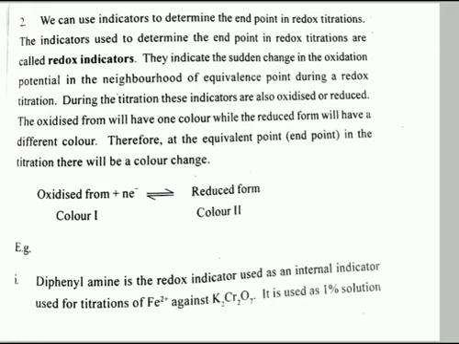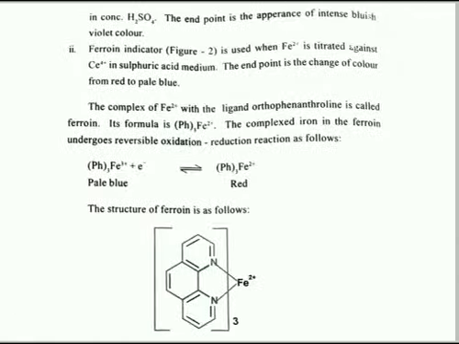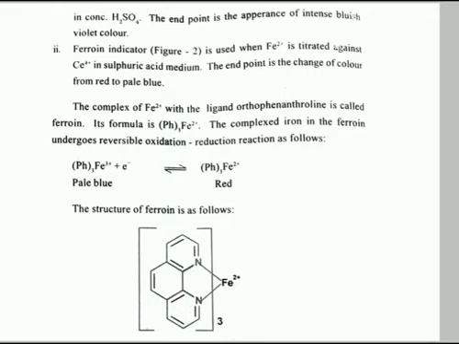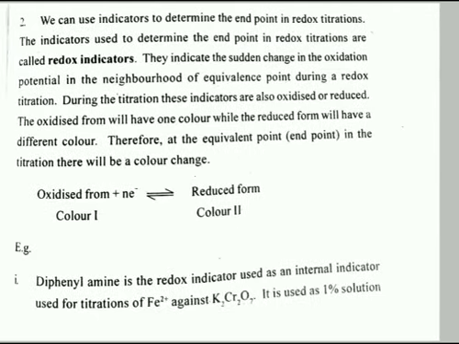For example, diphenylamine is a redox indicator used as an internal indicator for titration of Fe2+ against potassium dichromate. It is used as a 1% solution in concentrated sulfuric acid. The end point is the appearance of an intense bluish violet color. Therefore, we can determine the end point of the redox titration by using an indicator also.